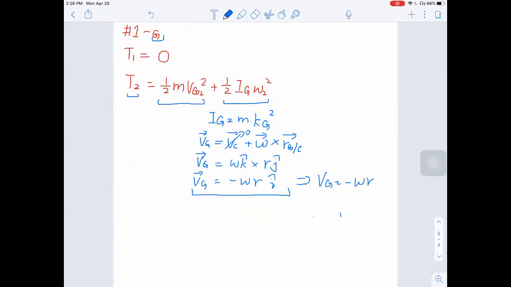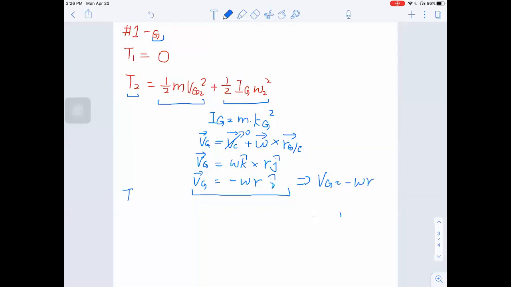Okay, so now we know a little bit about omega 2, and this Vg2 is the unknown variable we try to solve. So far we found the kinetic energy at position 1 and position 2, and we can plug in everything to get an expression for T2.